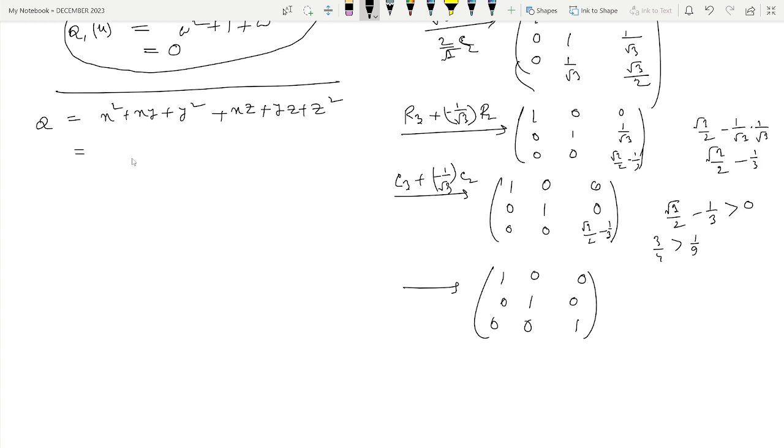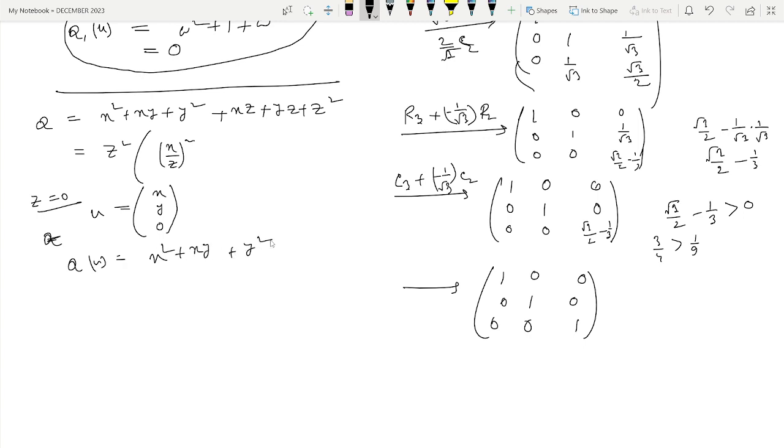First we just take z equal to 0 simply. When we choose u equal to some (x, y, 0) from C3, we just choose z coordinate as 0. So for that u, Q(u) will become simply x square plus xy plus y square, plus the xz, yz, z square terms being 0. Okay, fine.